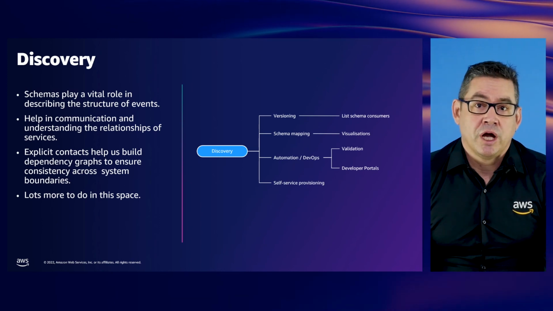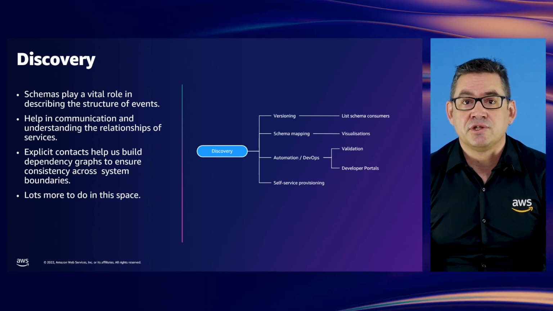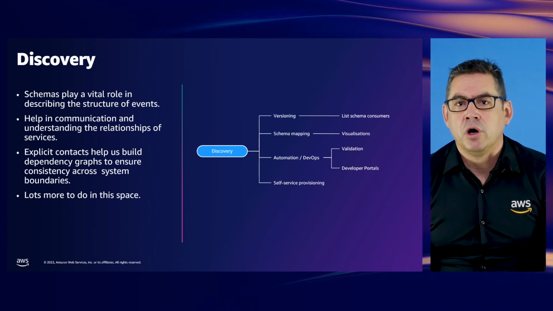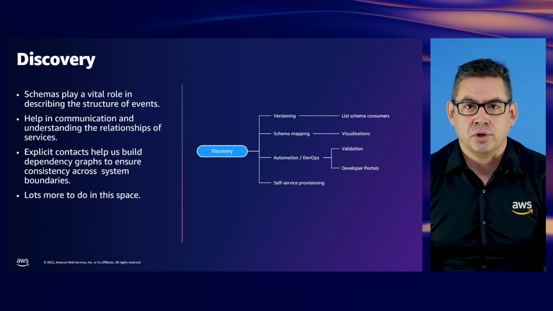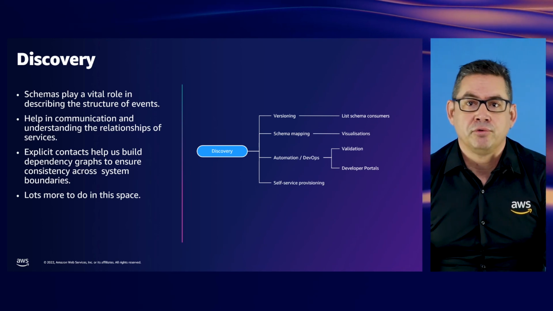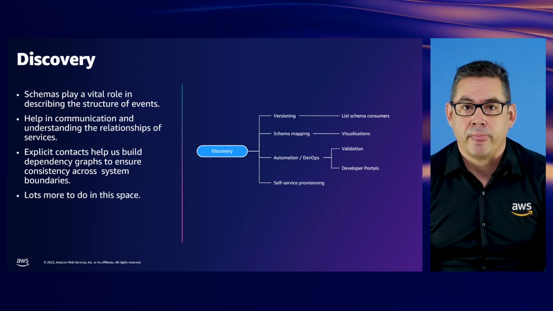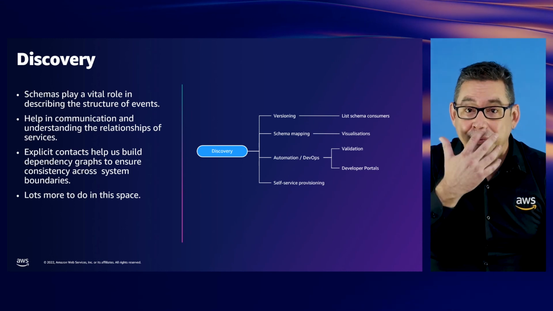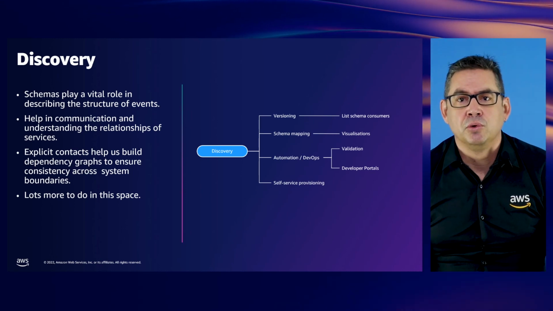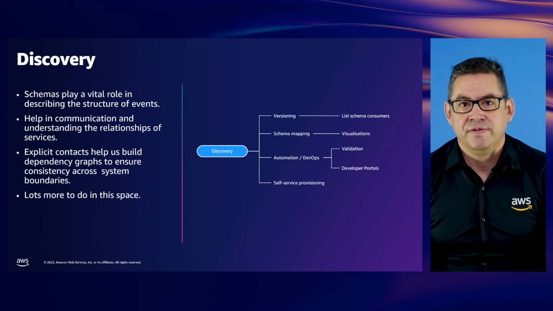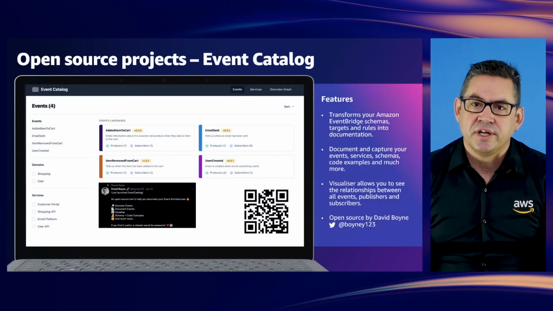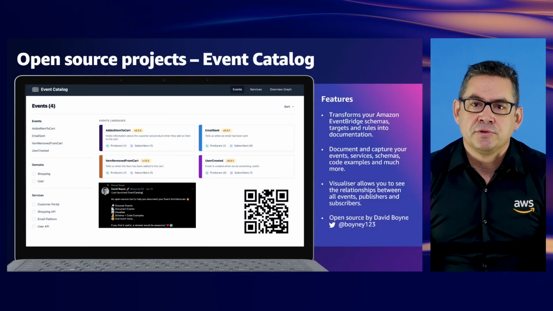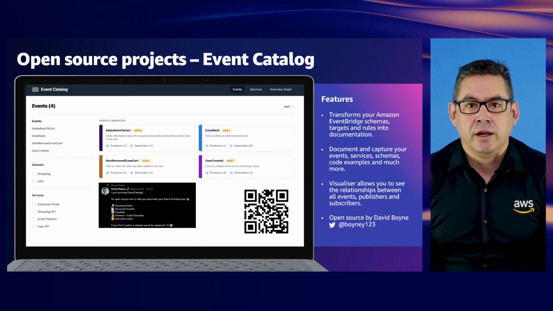One of the core capabilities that we want to develop as an industry is encouraging the real-time flow of information across organisational boundaries and doing so through self-service mechanisms. We're now seeing the AWS community building open source tooling built on EventBridge to achieve these things. One such example is an open source project by David Boyne called Event Catalog.